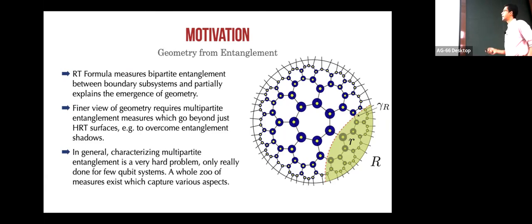The entanglement entropy is the unique bipartite entanglement measure. When you have one pure state and you just want to measure the entanglement between two parties, the entanglement entropy is pretty much the unique thing that you need to know. So the RT formula pretty much characterizes everything that we'd like to know about two-party entanglement in holographic states.